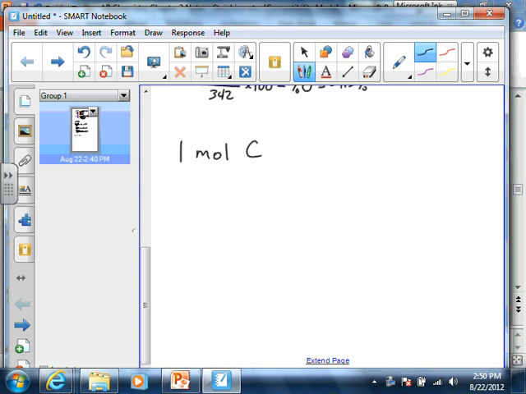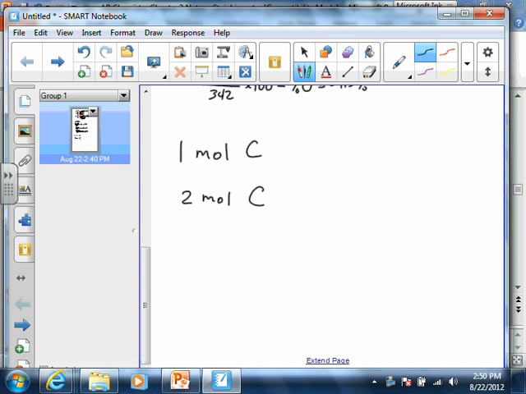Now this next one, 1 mole of C2H2, that's actually 2 moles of carbon atoms. And hopefully that makes sense to you. If you have 1 mole of the entire molecule, there's 2 moles of carbon in that 1 mole, because each molecule contains 2 carbon atoms.